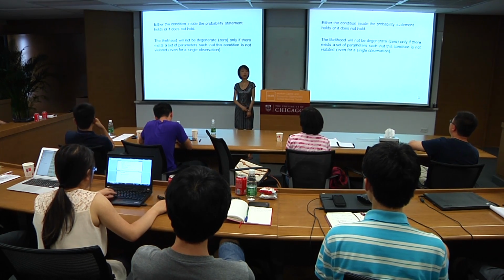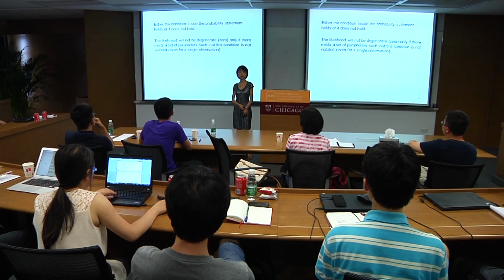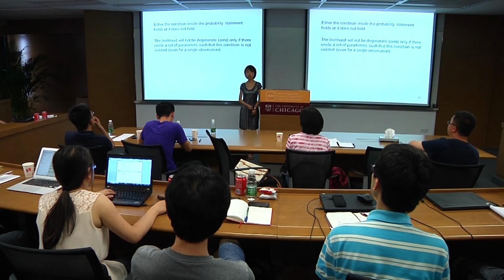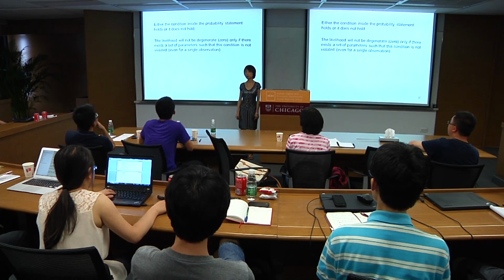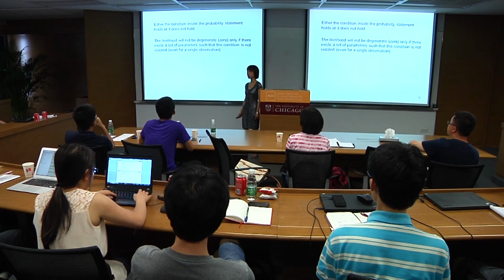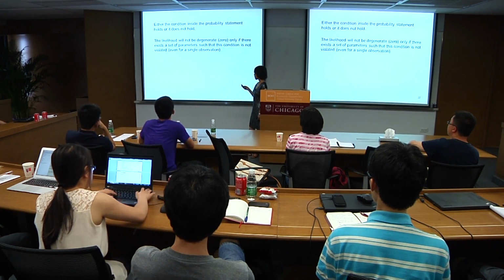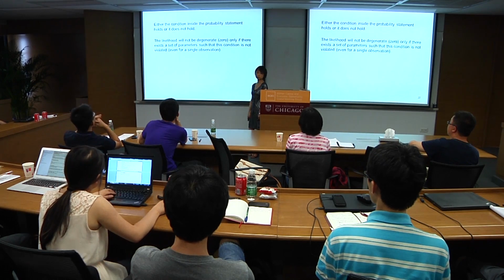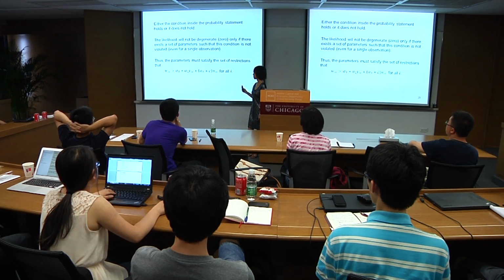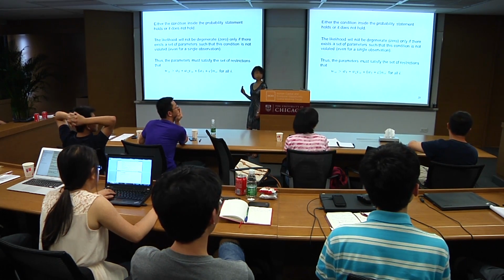No matter how many households you have, as long as there is one little household that violates this condition, the model is wrong. It's just never going to happen. So, that's bad. Well, there's always measurement error.